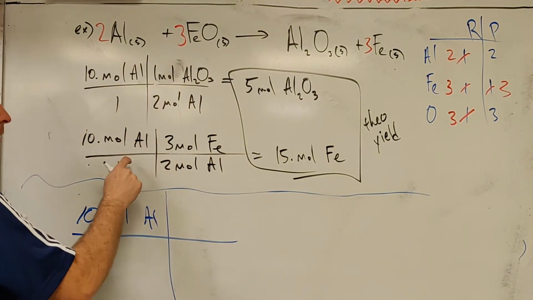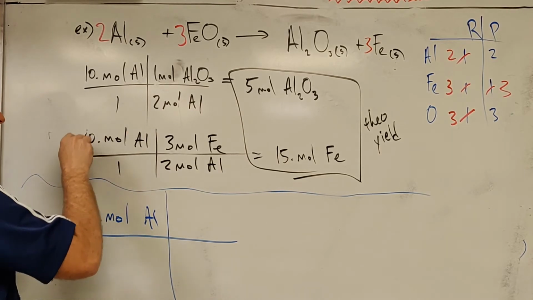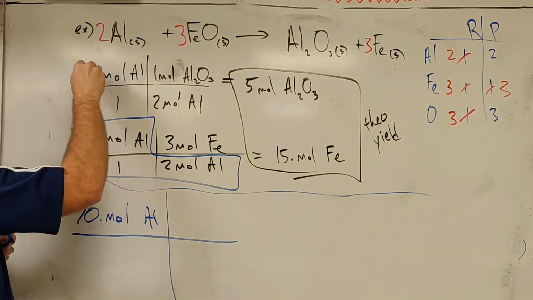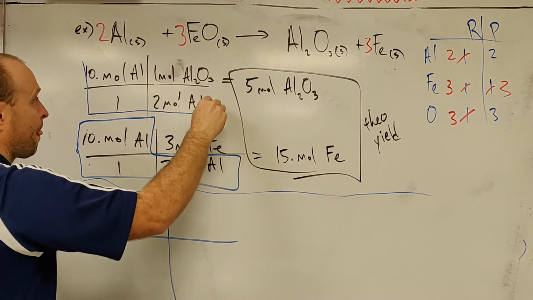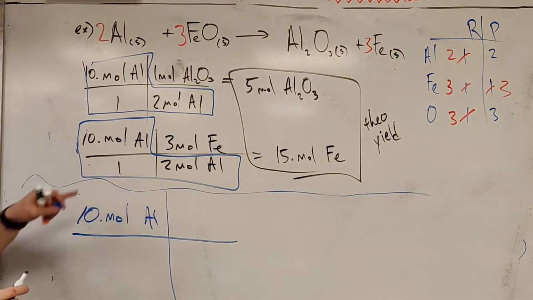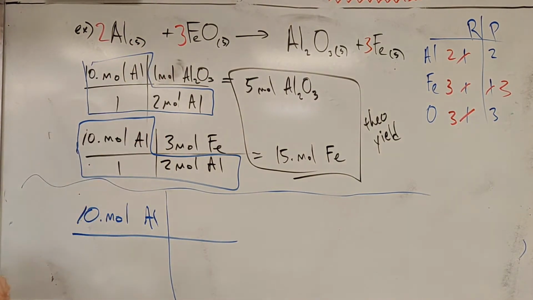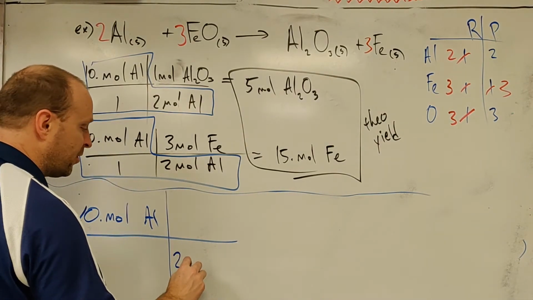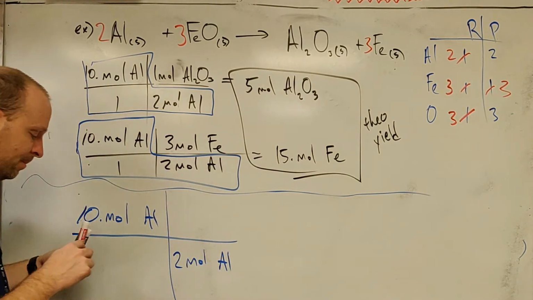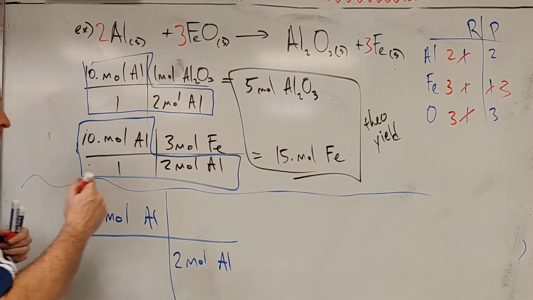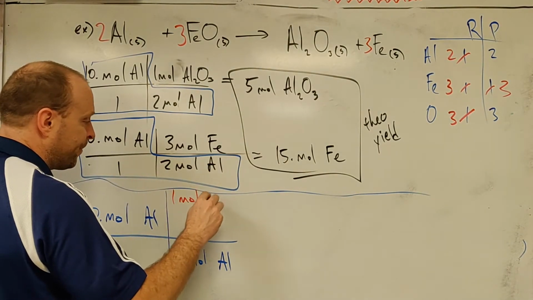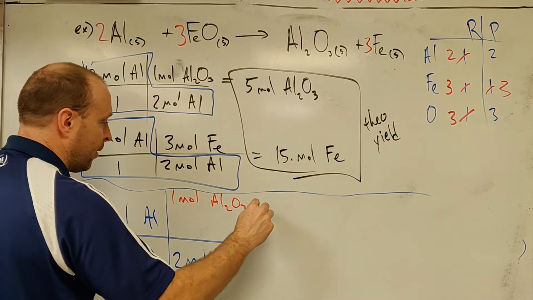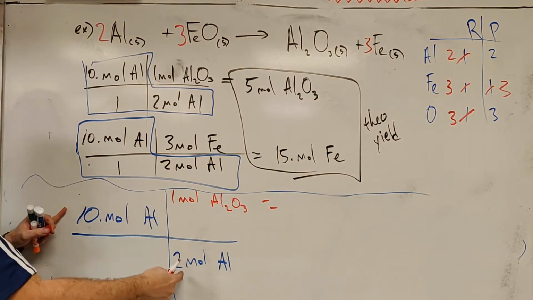Since this part right here and this were the same, I'm just going to write that once, and then I'm going to put those in as 2 separate calculations. For every 2 moles of aluminum, I have 1 mole of aluminum oxide, right? So I'm going to do 10 times 1 divided by 2.